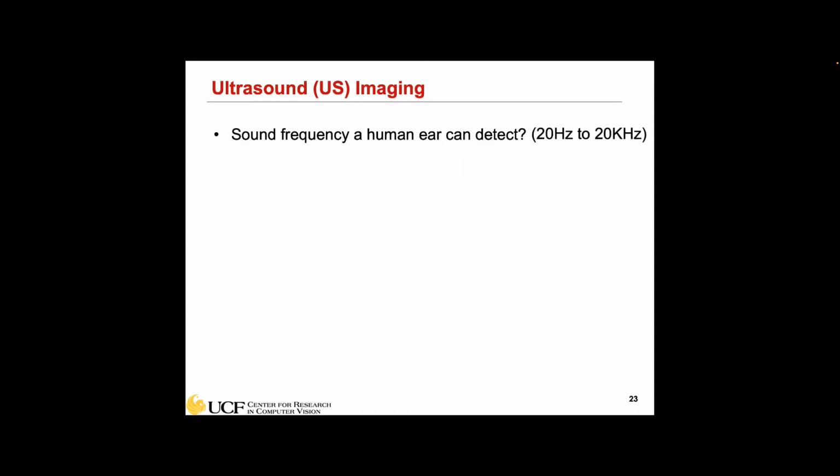Yes, 20 hertz to 20 kHz. That's the range the human ear can detect. Beyond 20 kHz or below 20 hertz, we are not able to hear those sounds. And ultrasound is defined as any sound wave that is above 20 kilohertz. Okay.